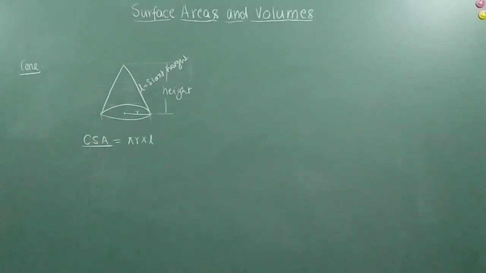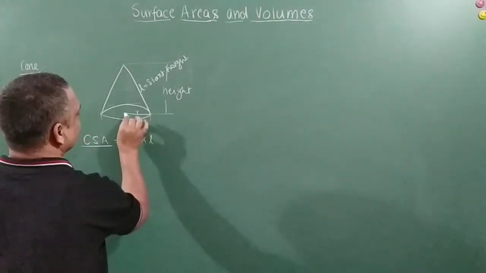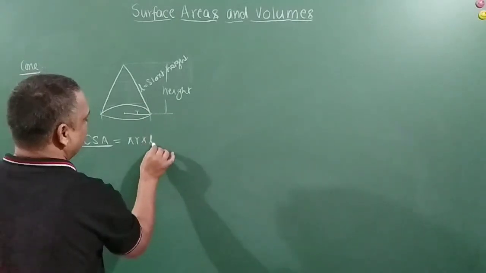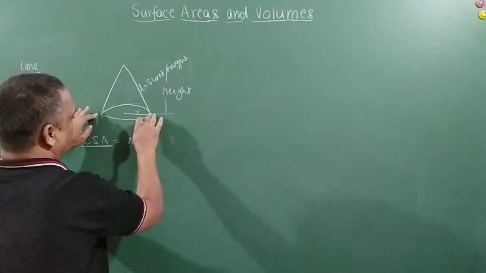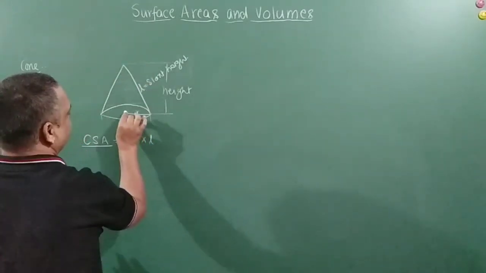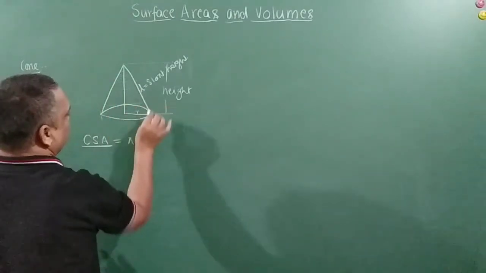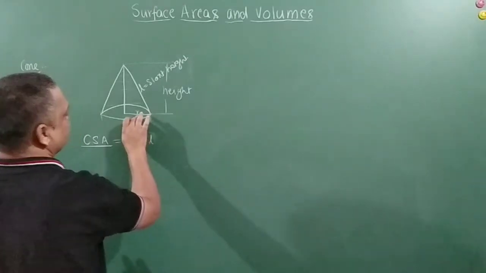Curved surface area will be pi r l, right? How does this come? This is basically pi into r, which is the perimeter, and l is the height. So if you want to find this, you will have to use the height of the cone and the radius.